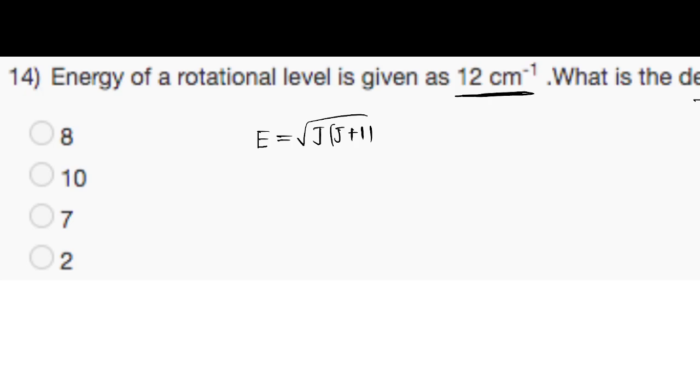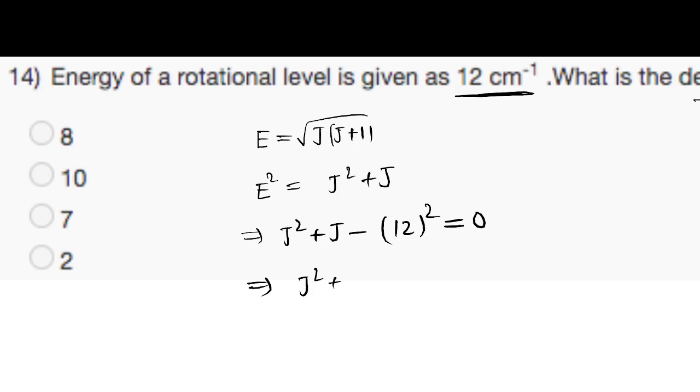Okay. So let's say we square both sides. We get J square plus J, and I will take this to the other side, so we will have J square plus J minus 12 equal to 0.